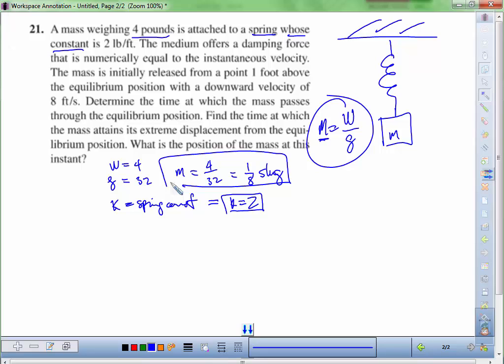So we have m, we have k, and the only thing we need is beta, the coefficient of the velocity. It says the medium offers a damping force equal to the instantaneous velocity, so our beta is going to be 1.